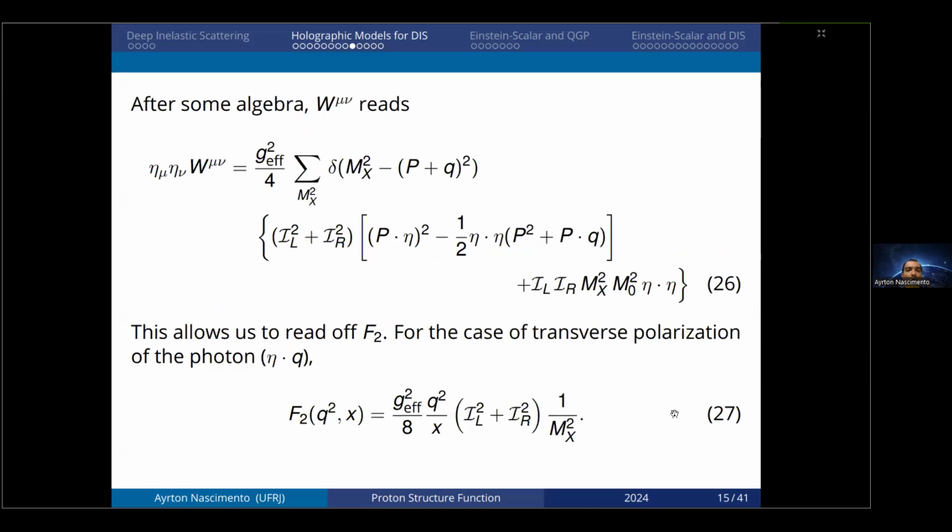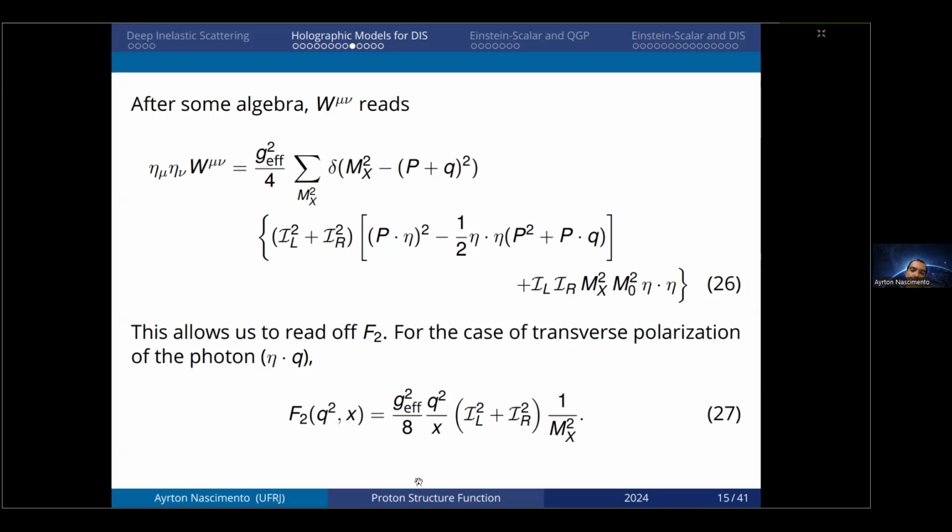So when you work this out, you can go ahead and do some algebra for the hadronic tensor, and what we get is a hadronic tensor like the one given by 26. Okay. So this allows you to extract the actual F2 function by comparing with the general form for the hadronic tensor in terms of F1 and F2. So you can just read off the F2 function from this.